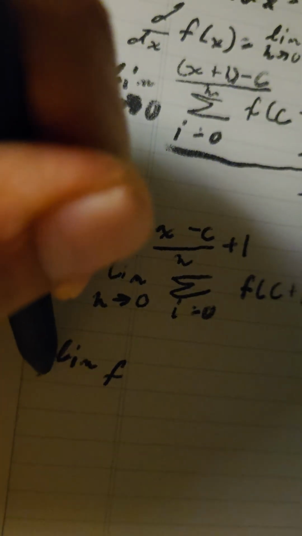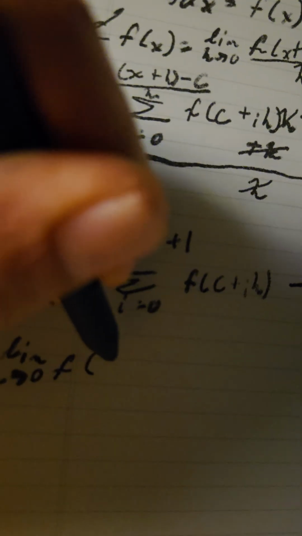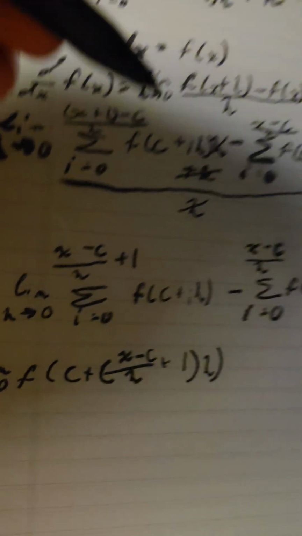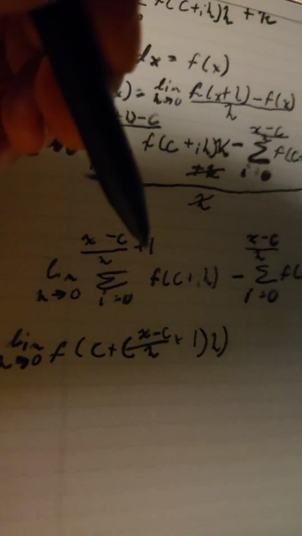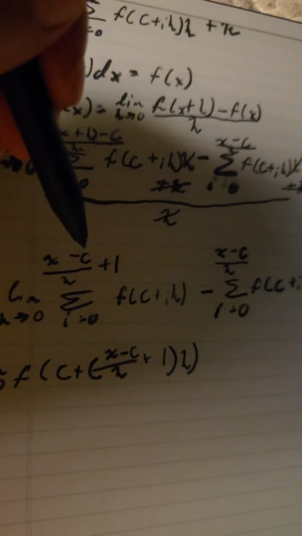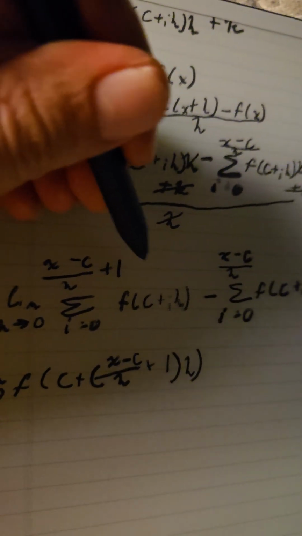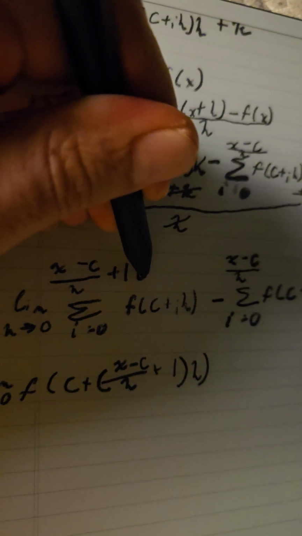You want the limit as h approaches 0 of f of c plus i, which is this (x minus c) all over h plus 1, times h. You're going to bring that down. And you're going to subtract 1 from here.